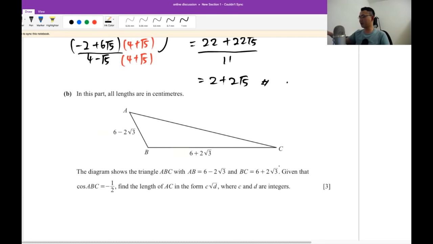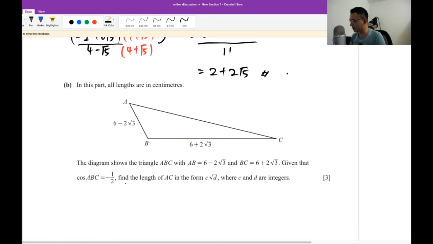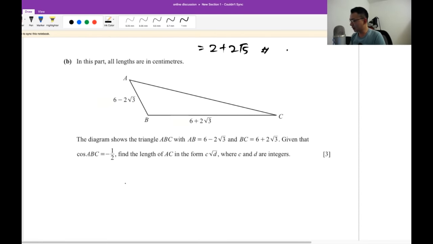Okay, the diagram will show the triangle ABC. Given that cos ABC equals negative 1 over 2, find the length of AC in this form. Alright, so we have cos ABC. This one definitely is the cosine rule, so I will just apply the cosine rule.